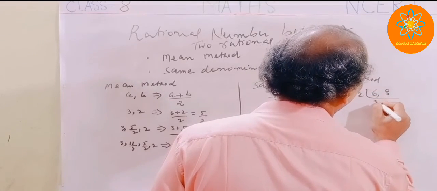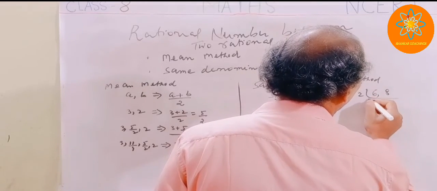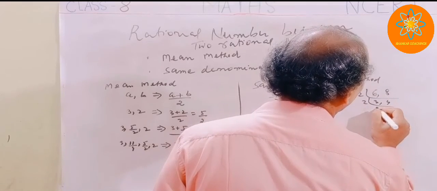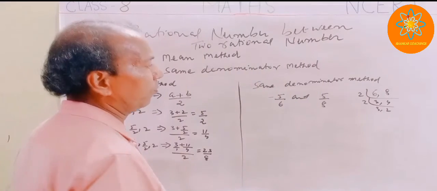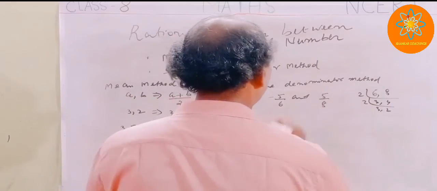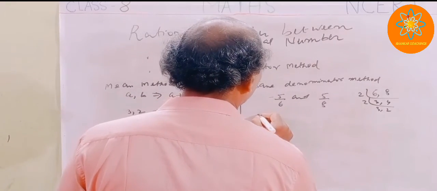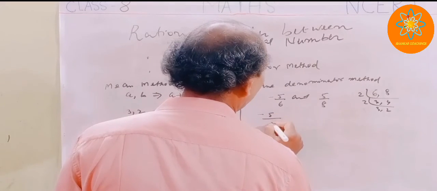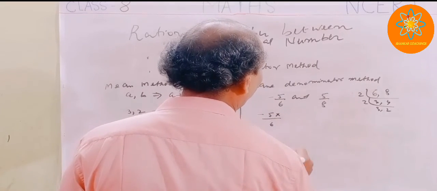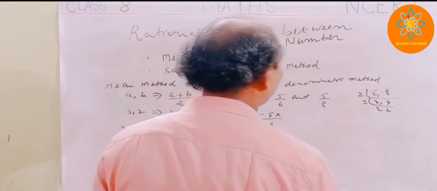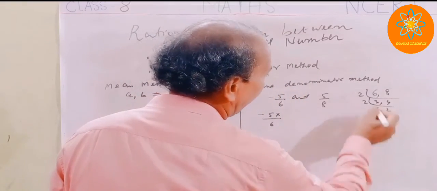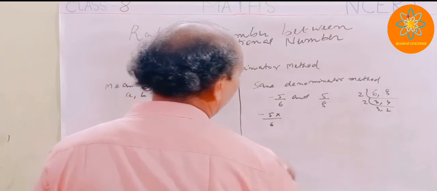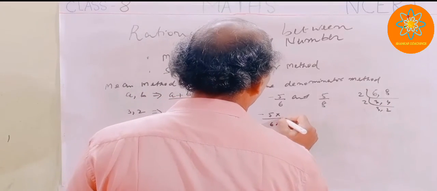How much will it be? This is equal to 24. So for making the same denominator, minus 5 by 6, I have to make this 24, so multiply by 4.